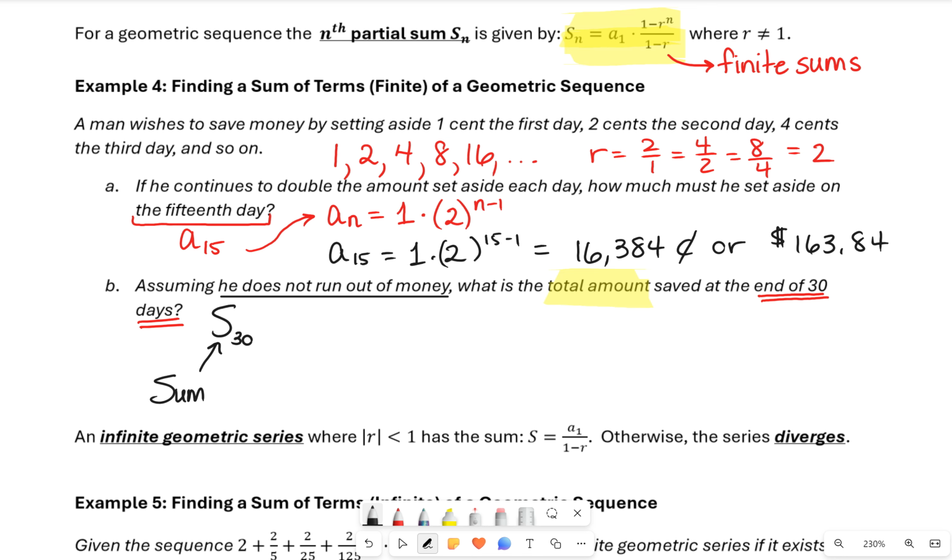Take the sum of the first 30 terms by getting a1, which we said was just 1, first term, times 1 minus r, the r was 2, to the nth power over 1 minus 2.